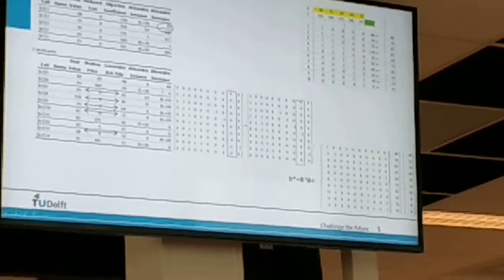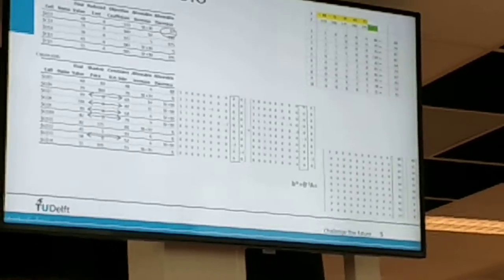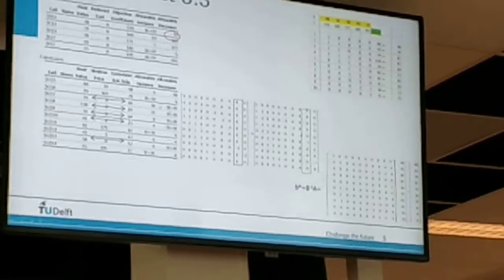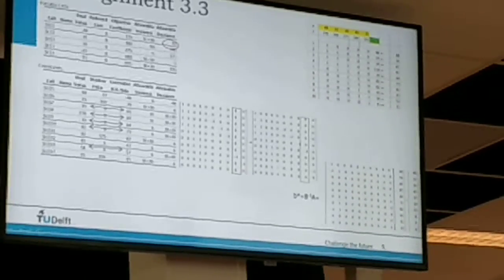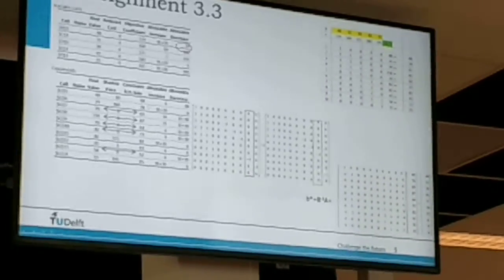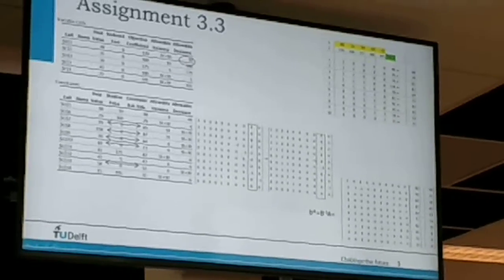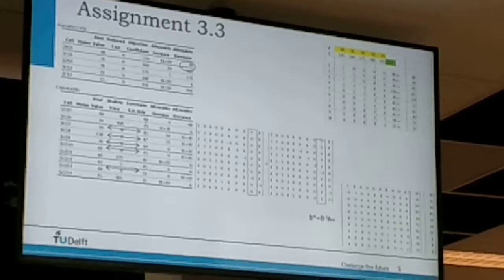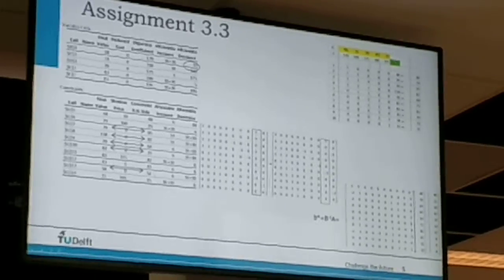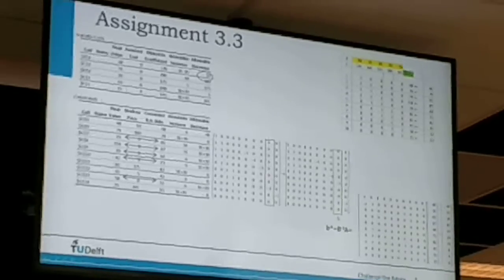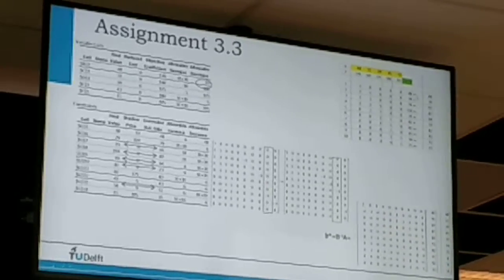That's our allowable decrease, so 48.6. And for the other ones, for the basic variables, we'll have our values: 48, 31, 39, etc. So you'll see these values coming back.